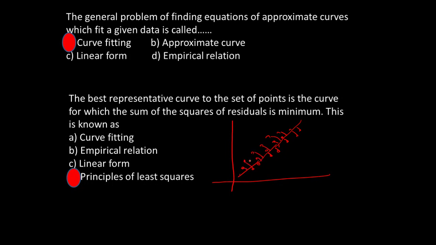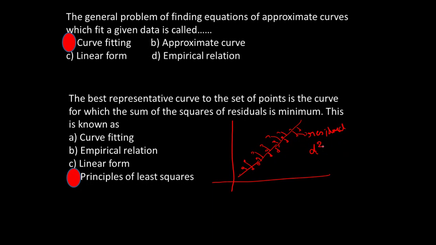This distance is nothing but the residual, right? And the principle of least squares deals with minimizing the square of these distances. Suppose I denote the distance of each point by d.